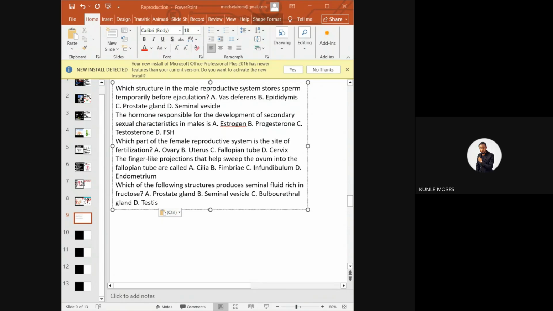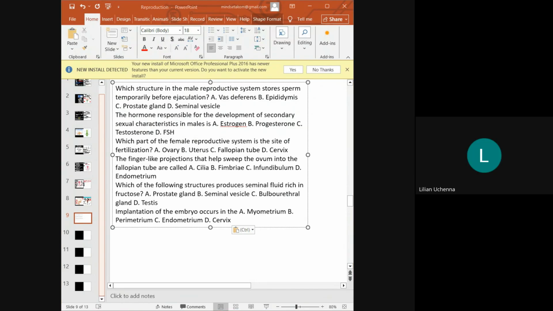Okay, implantation of the embryo occurs in the what? Uterus. Implantation. Wait, what do you call it? I gave you two types of endometrium?